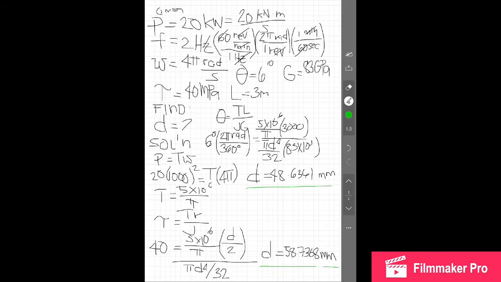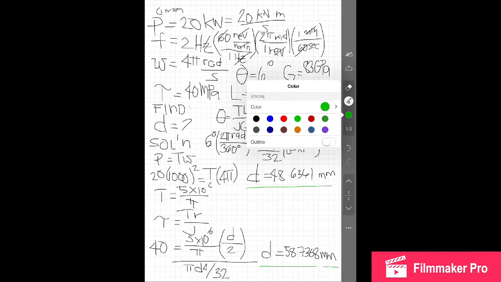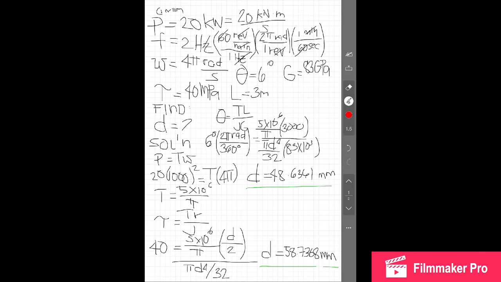Pero kapag area or yung mga dimension ang pinapahanap, ang maximum value na i-consider natin ay yung highest value. So, knowing that, ang tamang sagot for this problem will be 58.7368 mm. Okay?